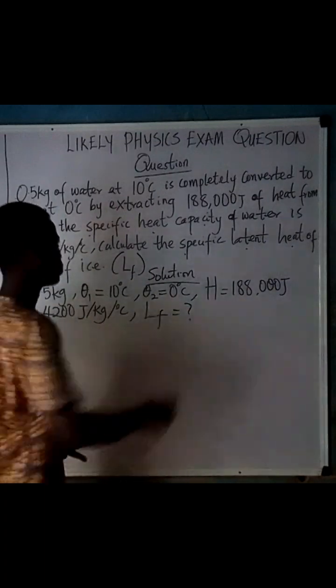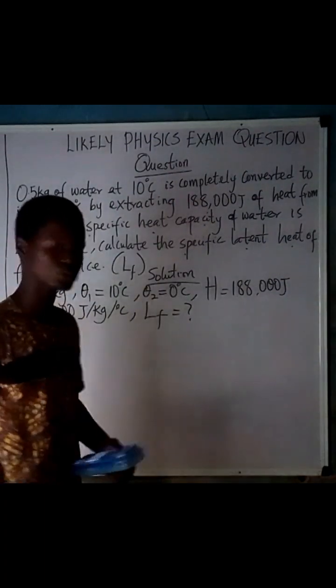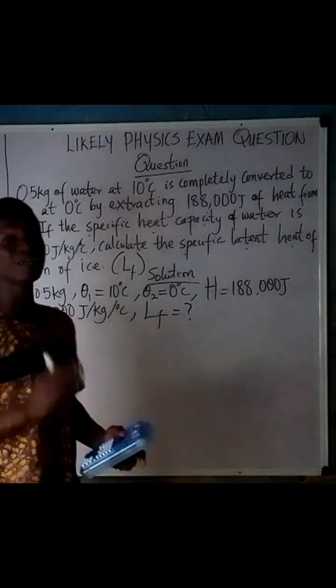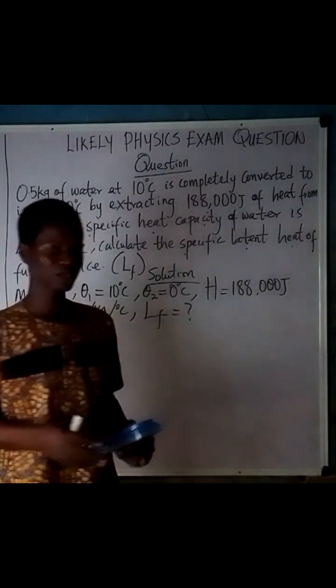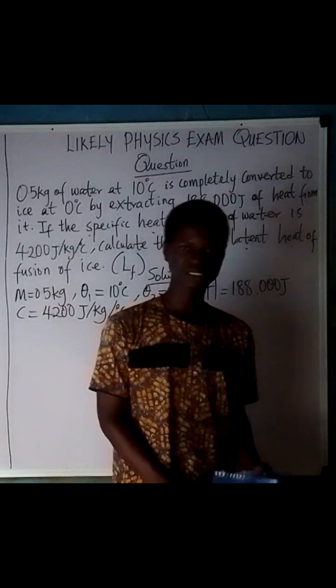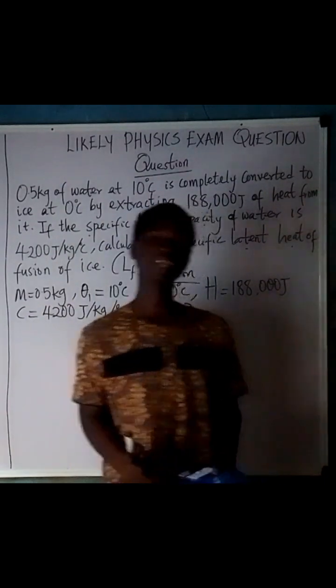Observe something. The water was initially at 10 degrees Celsius. They said that it's converted to ice at 0 degrees Celsius. Now, there are a lot of changes that have occurred from water at 10 degrees Celsius to ice at 0 degrees Celsius. Let's analyze carefully.